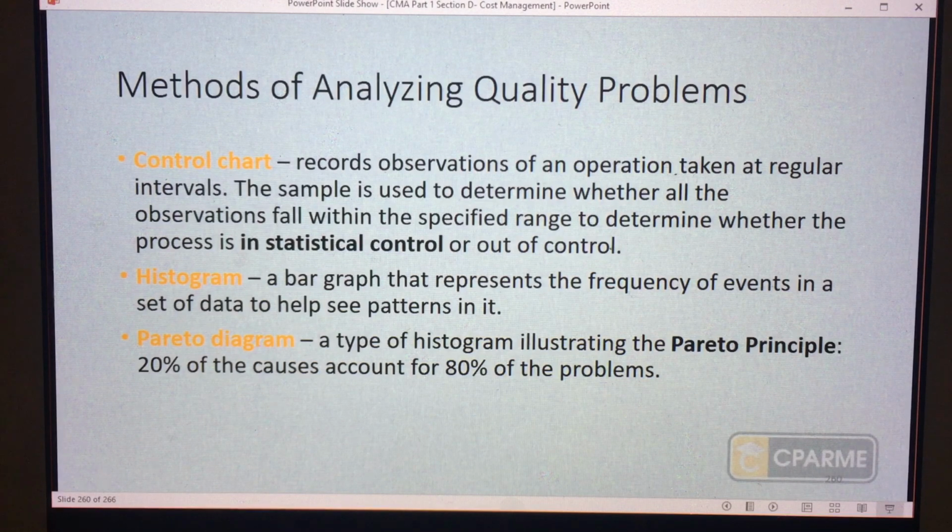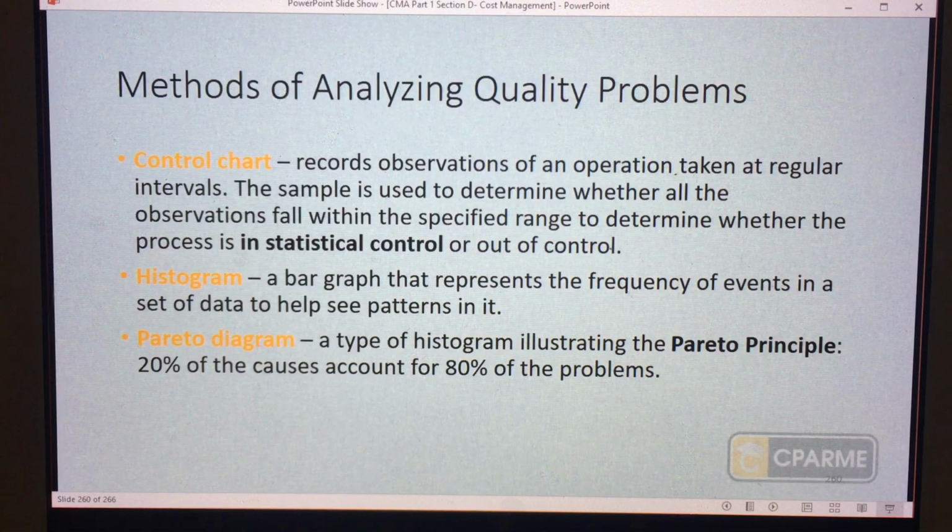So for a control chart, this would simply record observations of an operation. It is taken at regular intervals, the purpose of which is to determine if these observations that you have recorded are within the relevant range or within a specific range or within the statistical control range, or if it is out of control, so you will be able to know which part of your operations need improvement or which need focus.